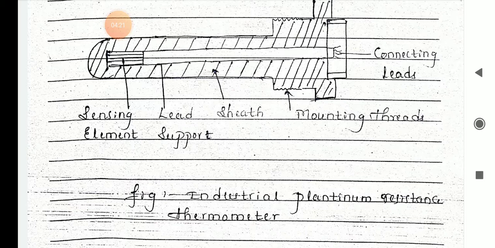It is generally a long spring-like shape, enclosed in a metal sheath, as you observed in the diagram. It is inserted in a medium whose temperature is to be measured.